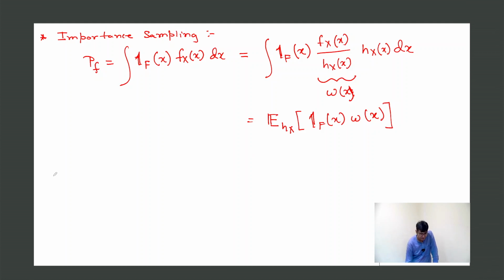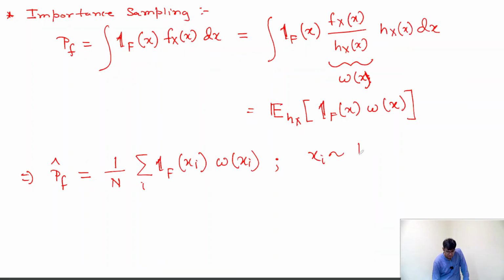Which implies basically PF hat, which is the estimator, the importance sampling estimator. This is equal to 1 by n. Okay. So this is something we already discussed last time.